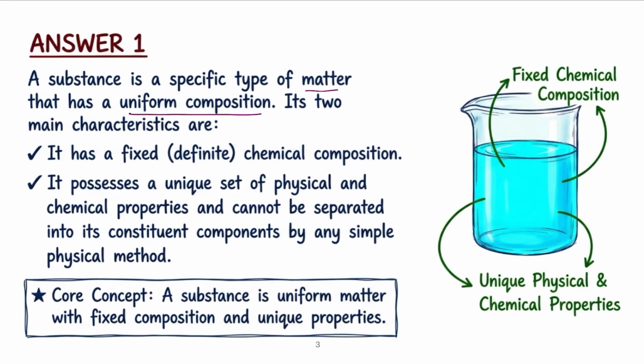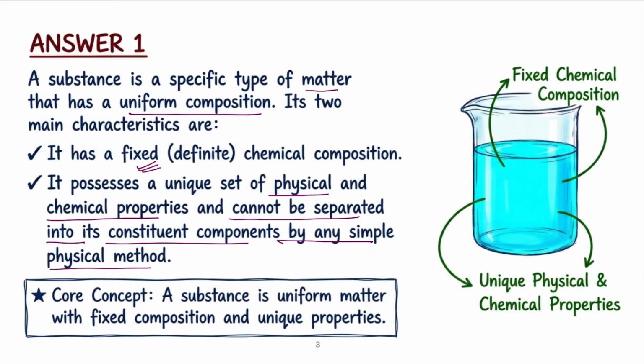We did the same thing in the last class also. So what are its 2 main characteristics? The first characteristic is that it has a fixed chemical composition. And it has a unique set of physical and chemical properties. And it cannot be separated into its constituent components by any simple physical methods like decomposition, boiling, filtration, etc.